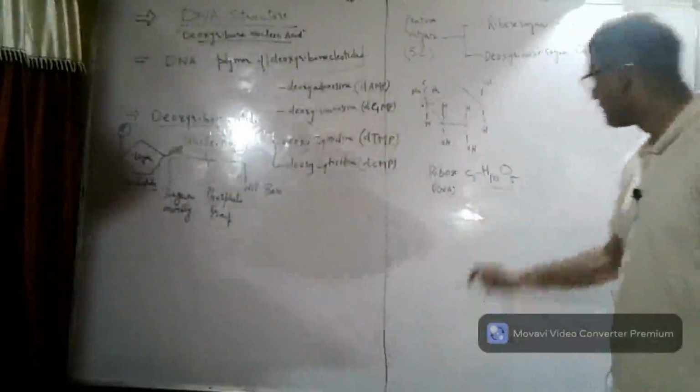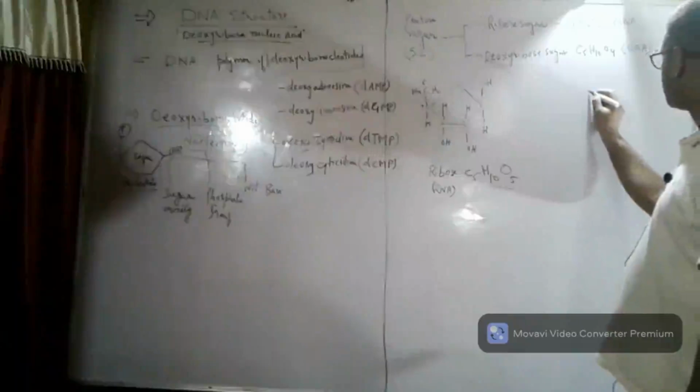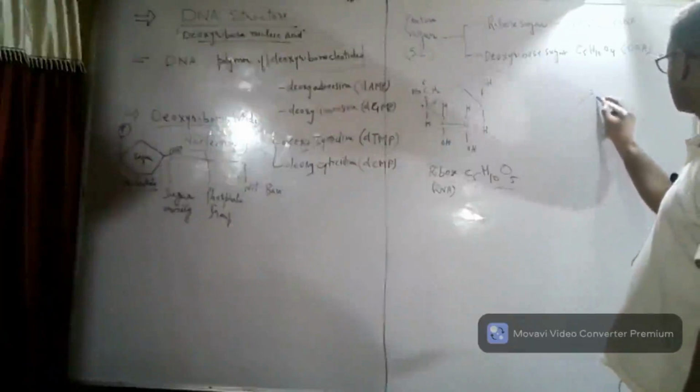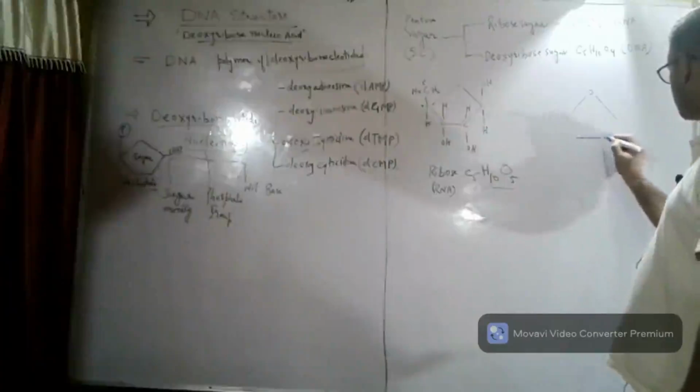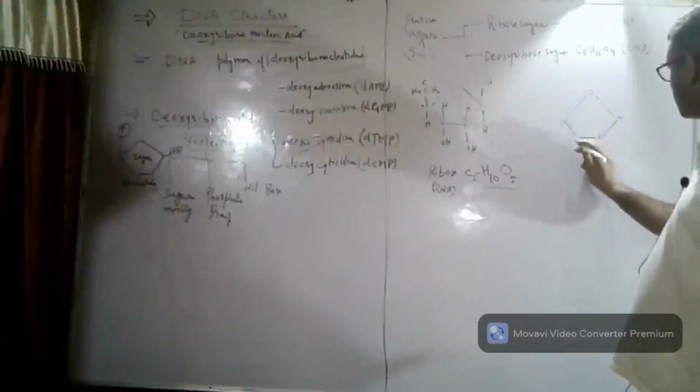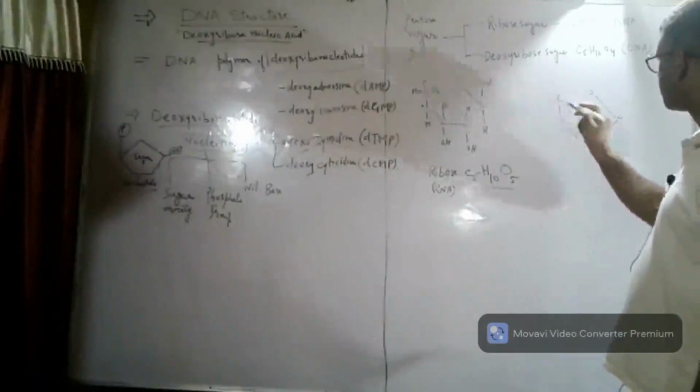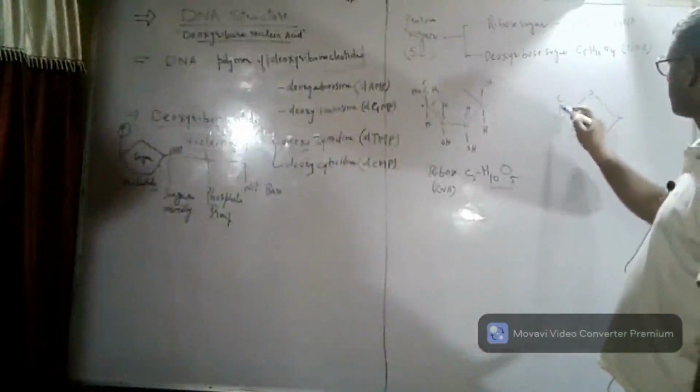So we can say that this is pentose sugar. We have carbon 1, second carbon, third carbon, fourth carbon, and this is fifth carbon. 1, 2, 3, 4, 5. Same structure. OH, we have hydrogen.